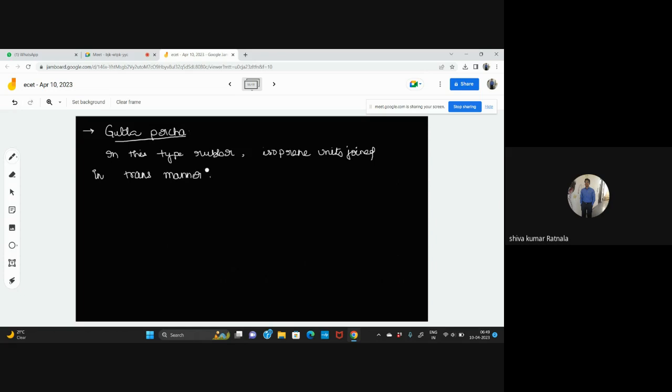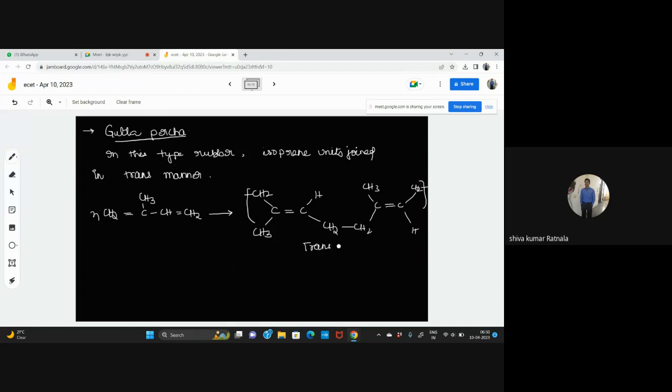So that is what we can say about the isoprene units. For example, 2-methyl 1,3-butadiene, if I am taking this, by polymerization we need to add trans isomer. This is trans isoprene.